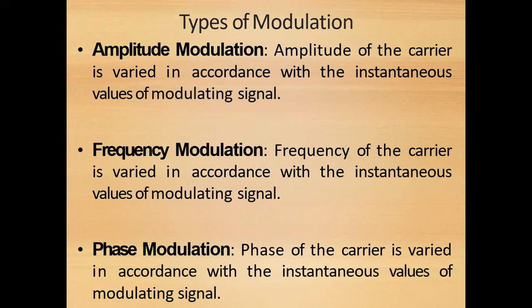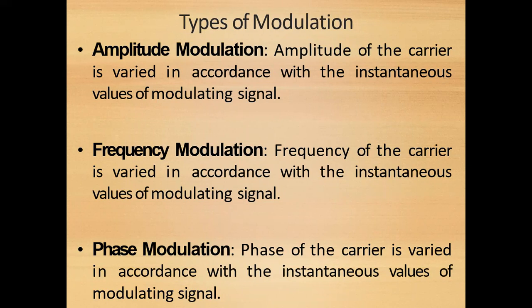So, depending upon the characteristics of the signal, modulation is divided into amplitude modulation, frequency modulation, and phase modulation. As I said, the definition of modulation is that the characteristics of the high frequency carrier signal will be varied with respect to the input message.